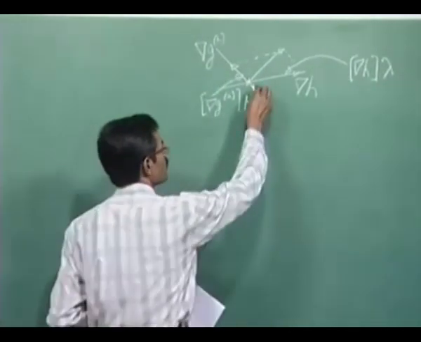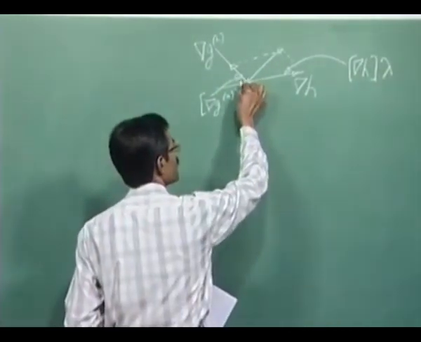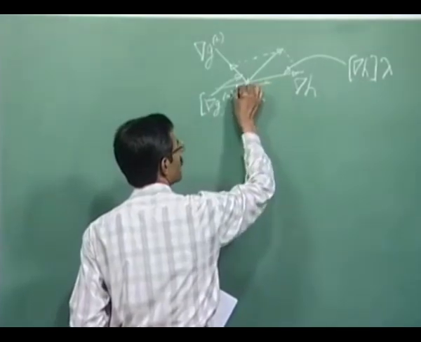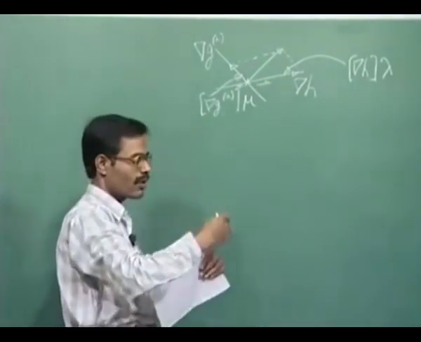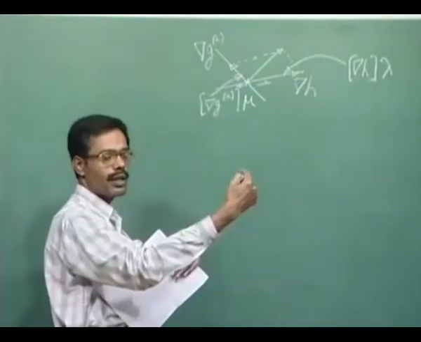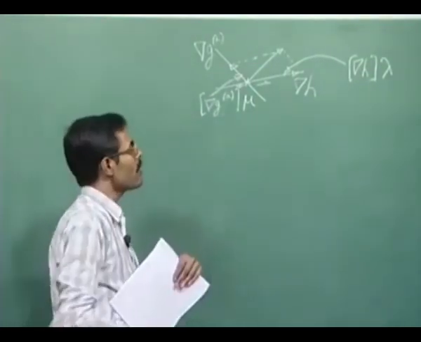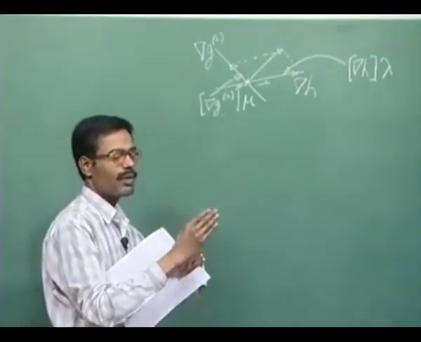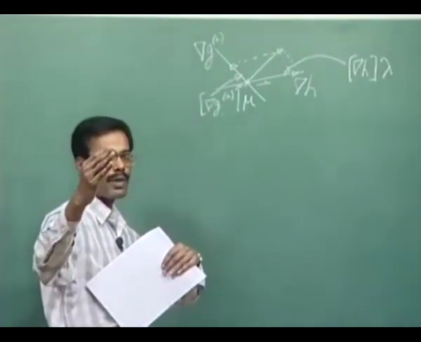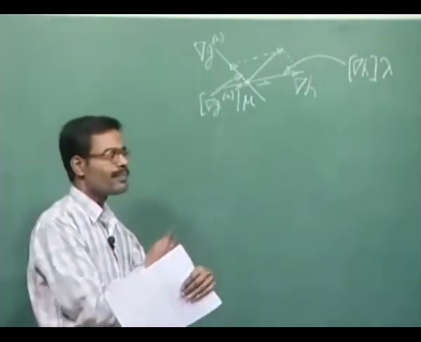Similarly, if you try to move in this direction rather than this way, either way you move out of the constraint manifold, in the direction of grad h or in the direction minus grad h. That means you are leaving the tangent plane and going out of the surface this way or going out of the surface this way.